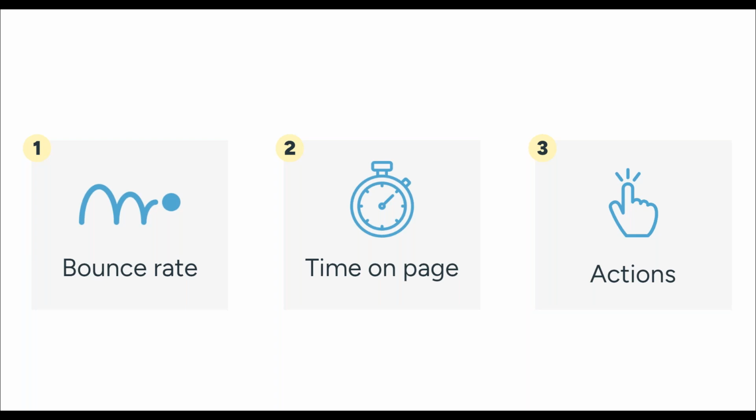So for determining if your website is effective, I like to look at 3 data points, which are bounce rate, your average time on page, also known as the average engagement rate, and your actions. And so these 3 data points are all you need to have a window into how well your website is connecting with your visitors.